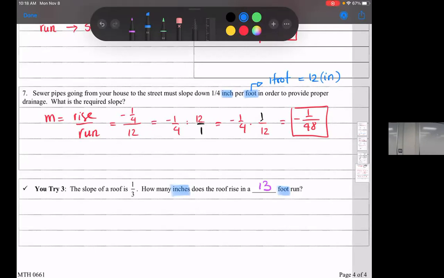What does this 1/3 represent? Of course, you have to change it into what you need. How much does it rise in a 13-foot run? This number 13.